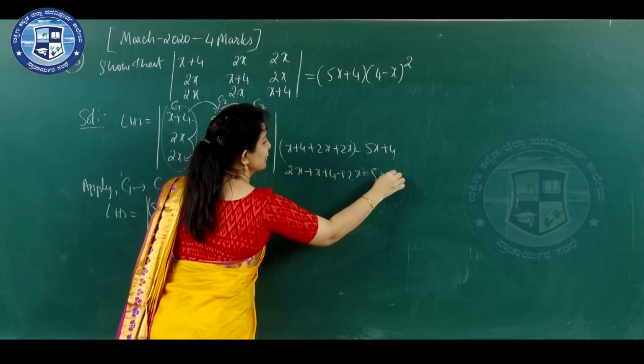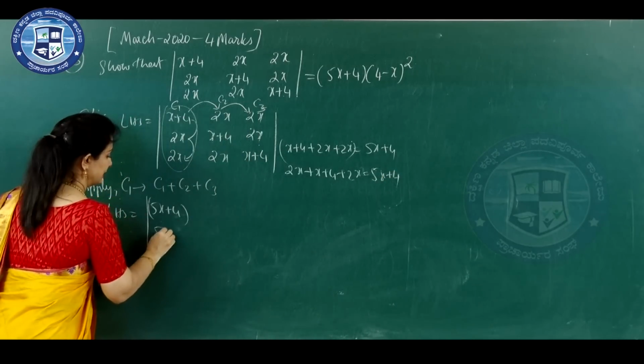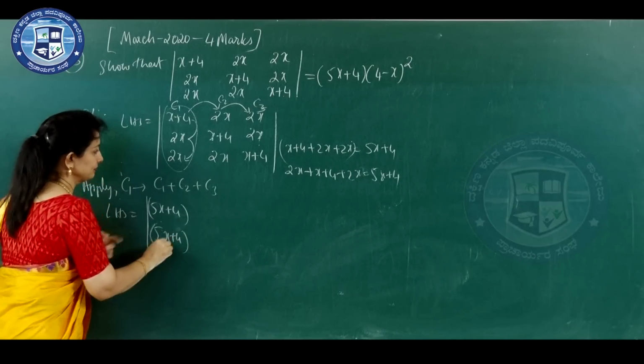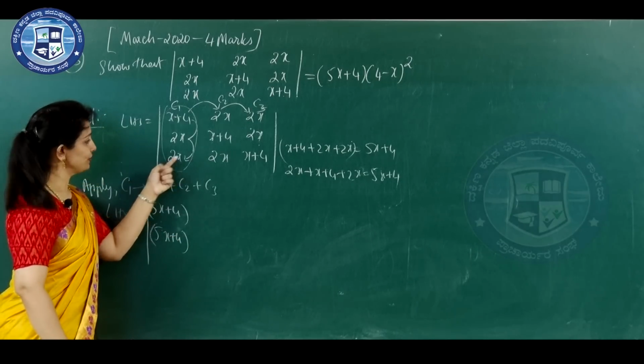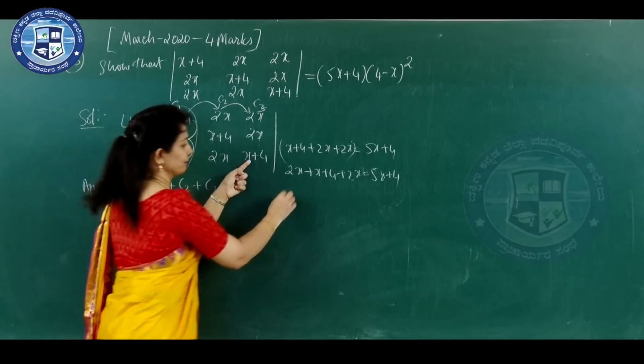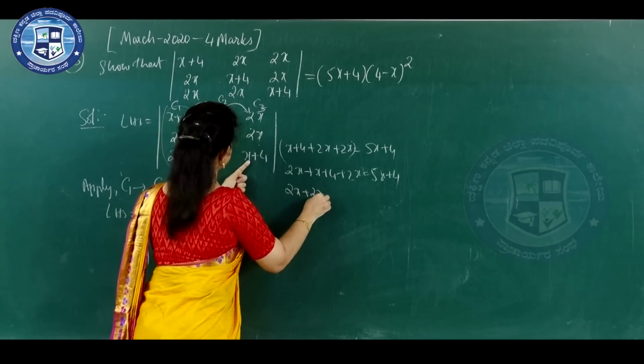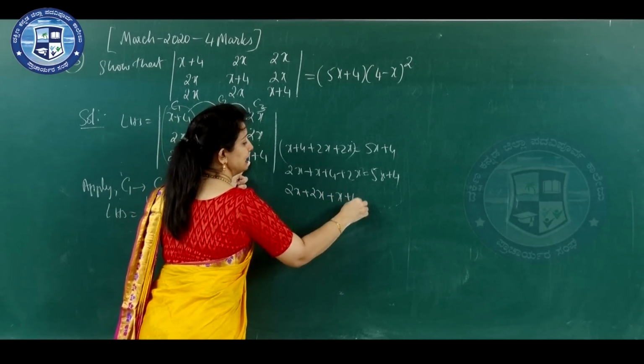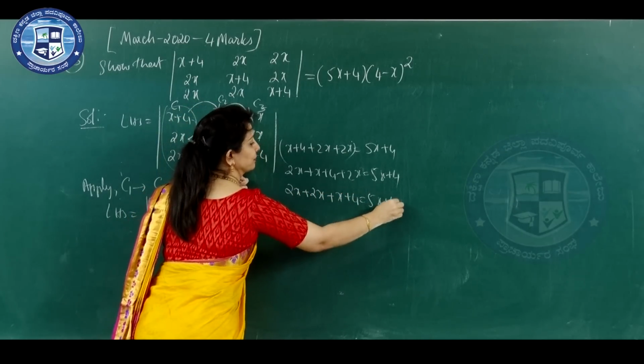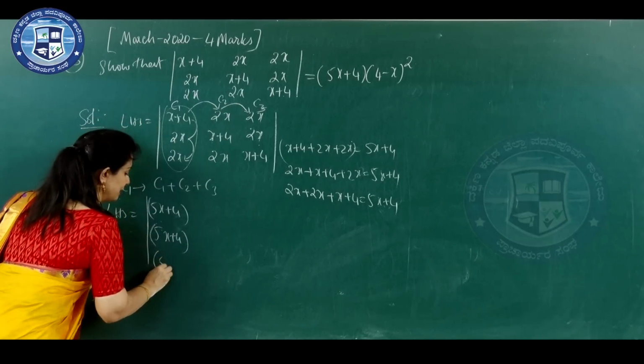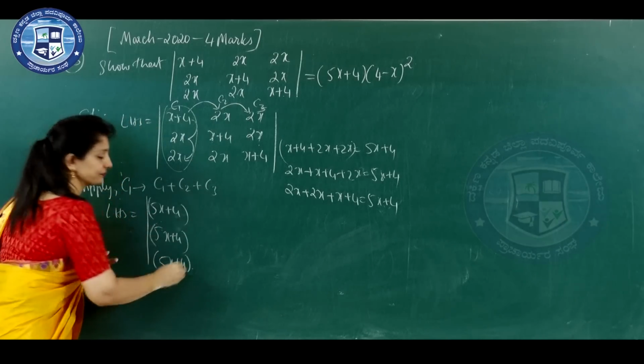Again we will get 5x plus 4. Last one, 2x plus 2x plus x plus 4 is again 5x plus 4. So, here 5x plus 4 we get.